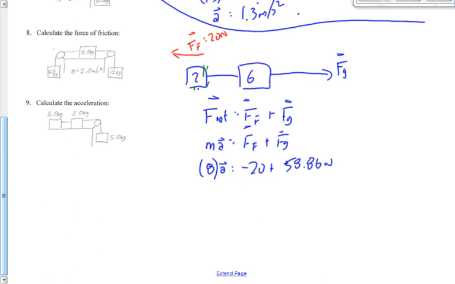Negative 20, positive 58. We're making gravity positive here because we've got it drawn to the right, even though it's really downwards. So 58 subtract 20 divided by 8 ends up giving me 4.9 meters per second squared.